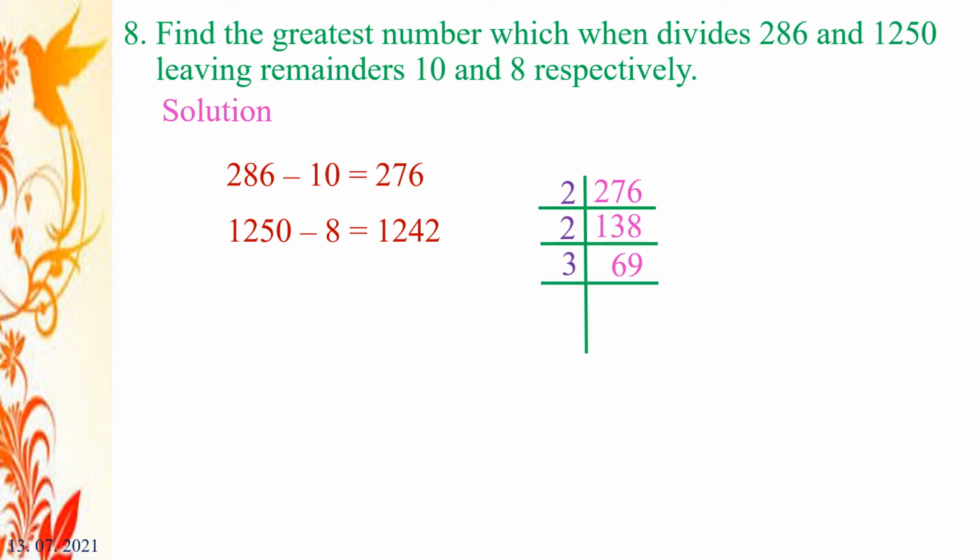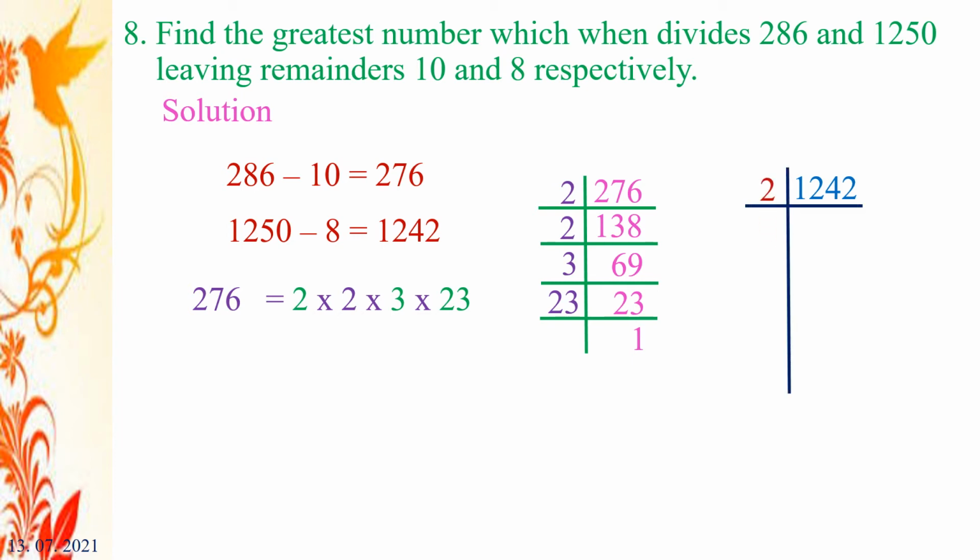Yes, we have 23. So 23 is a prime number, so it is divisible by 23. So we'll get 1. So now write all the factors of 276, that are 2 multiplied with 2 multiplied with 3 multiplied with 23.